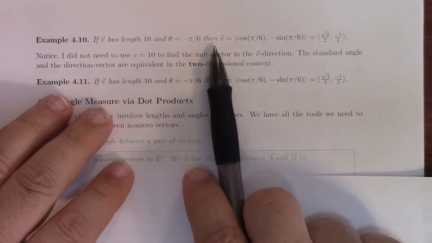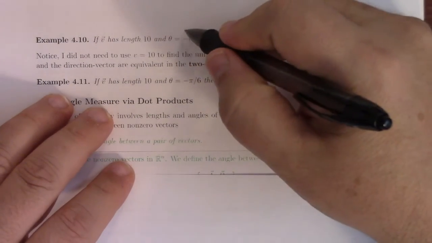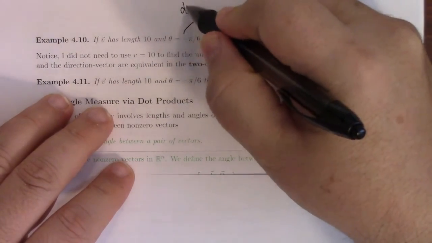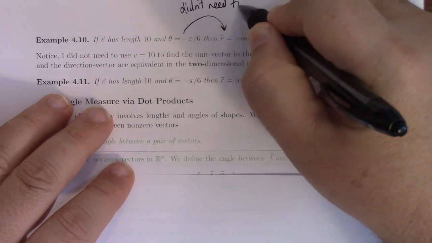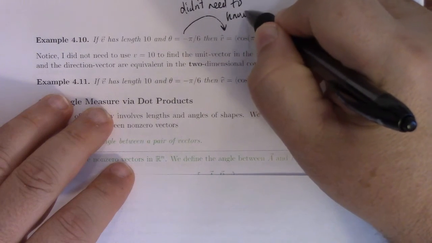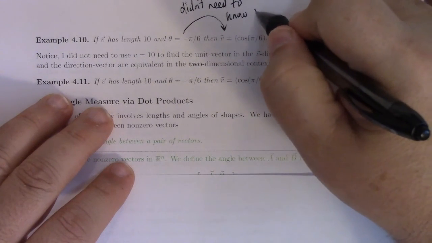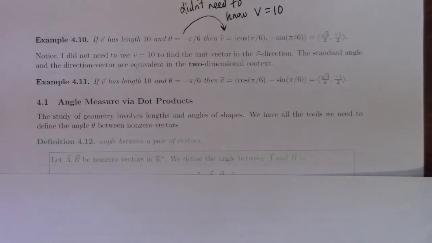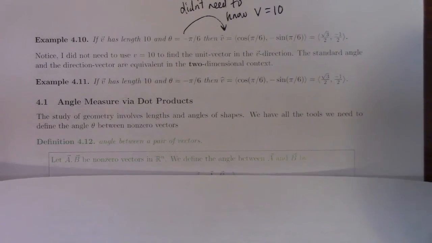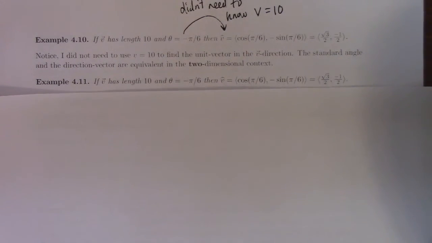Notice that to calculate V hat here, what did I not need to know? I did not need to know that the length of V is 10. That's completely irrelevant. Once you tell me the direction, that suffices to fix the unit vector.